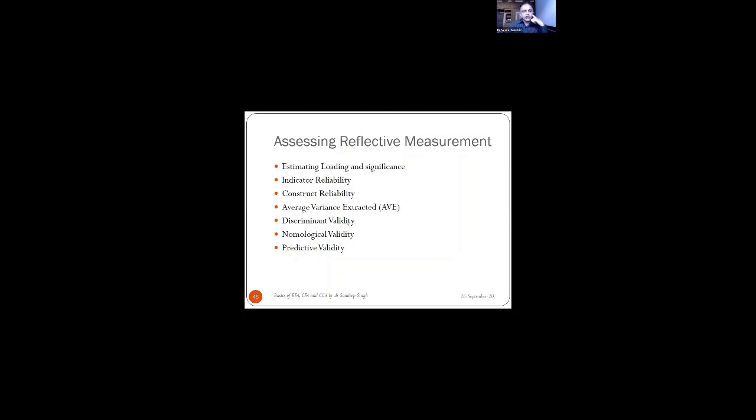Likewise the discriminant validity, nomological validity. Now so many questions are there on nomological validity, what to report. Let me explain it once again. Nomological validity means, when you have three constructs A, B, C, look for what other indicators A is found to be related with, positive or negative, it doesn't matter.